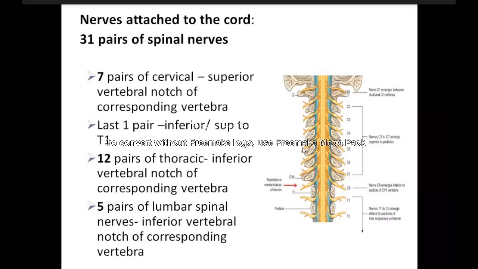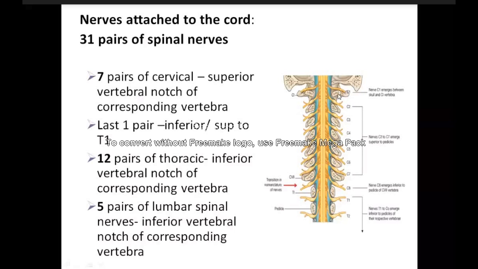Now here you can see the first cervical vertebra, C1, C2, C3, C4, C5, C6, C7. These are the 7 cervical vertebrae, but there are 8 cervical nerves. Out of these 8, the first 7 pairs of cervical nerves arise from the superior part of the vertebral notch.